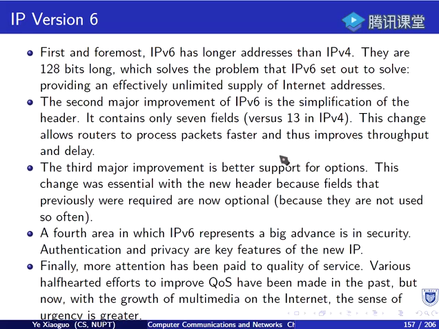First and foremost, IPv6 has longer addresses than IPv4. They are 128 bits long, which solves the problem that IPv6 set out to solve, the shortage of addresses, providing an effectively unlimited supply of Internet addresses.